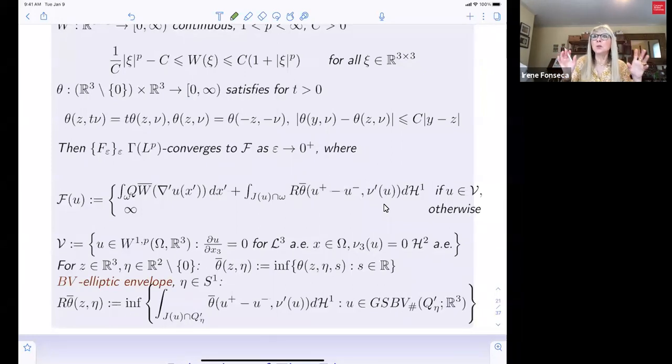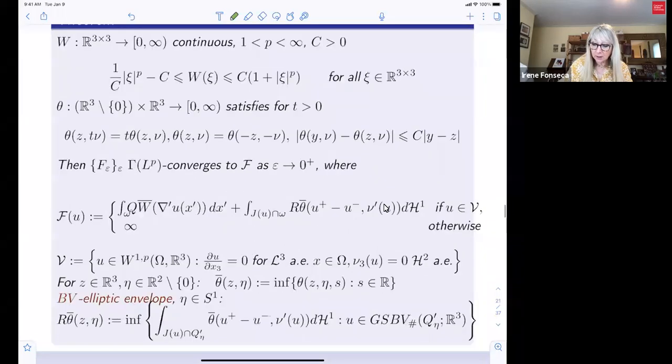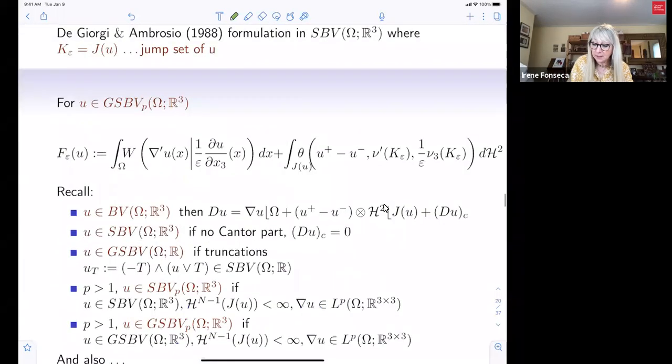Absolutely, yes. You could actually start with surface energy already, right? And to some extent, this was in there, because what I have here is a surface energy. This is DH2. So if your W has linear growth, even if you don't start with surface energies, you're going to get them in the limit.